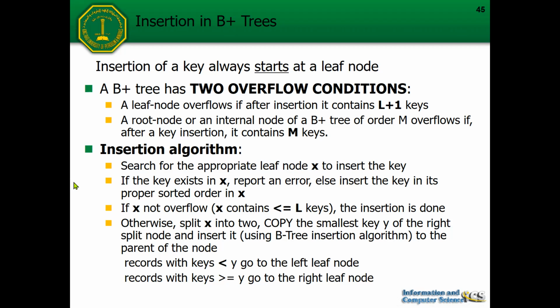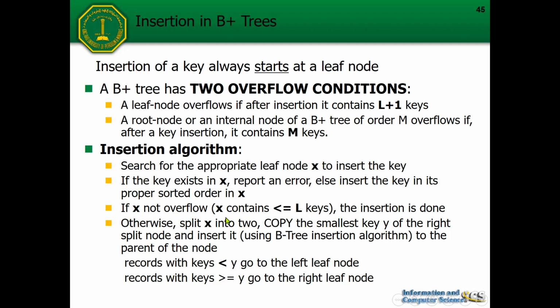The insert operation is almost similar actually to the B tree, but let's look at the detail. So this is the insert algorithm. The first step that we need to perform is to search for the appropriate leaf node X to insert the key. Second, if the key exists in X, then we just report an error because we cannot have a double key in the leaf. This is similar to the B tree.